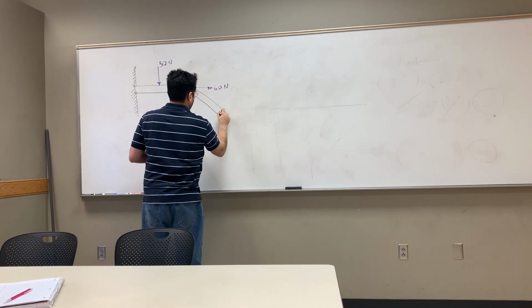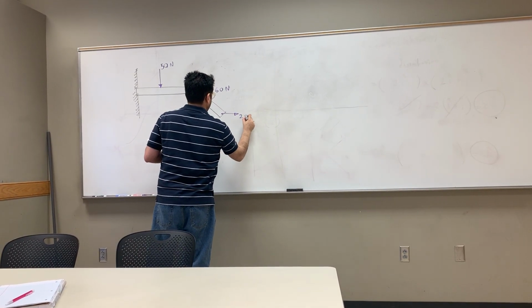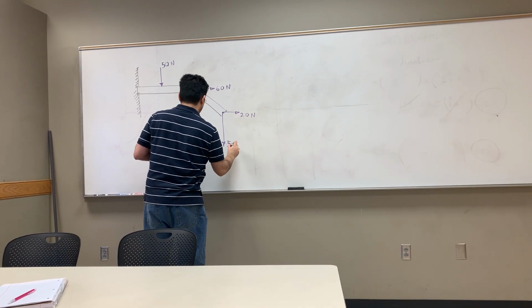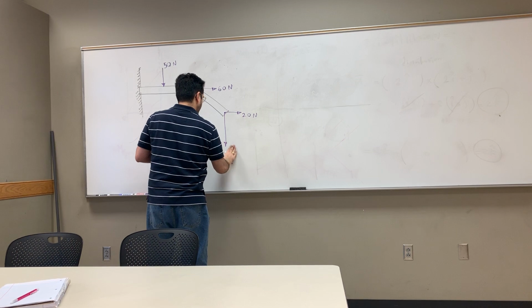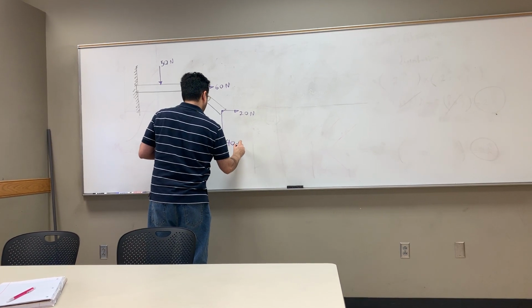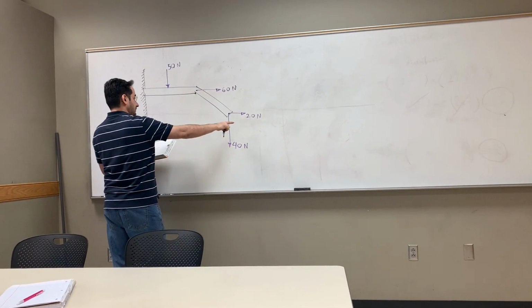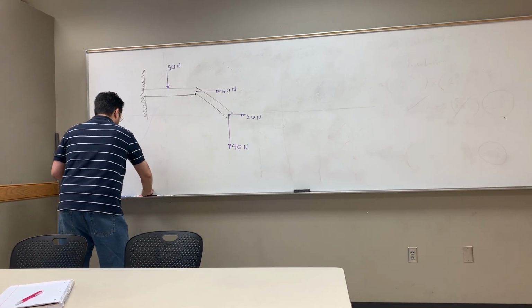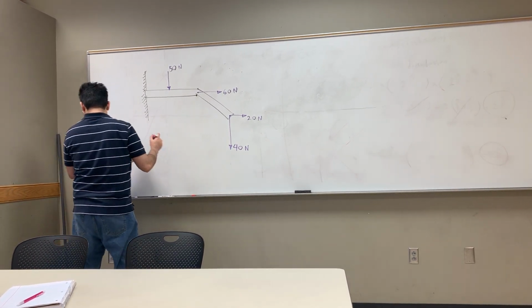Then you have a 20 Newton here, and a 40 Newton here, 20 there. This is another color for dimensions.